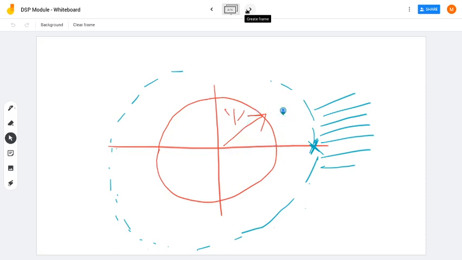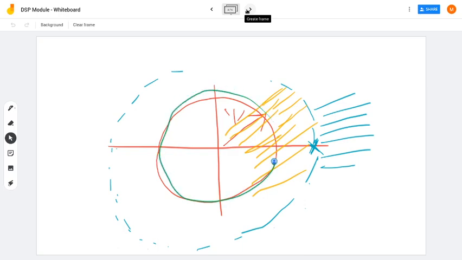But if we choose the region of convergence to be inside this circle like this, now the system will not be causal, it's anti-causal, but it will be stable because the unit circle belongs to the region of convergence.